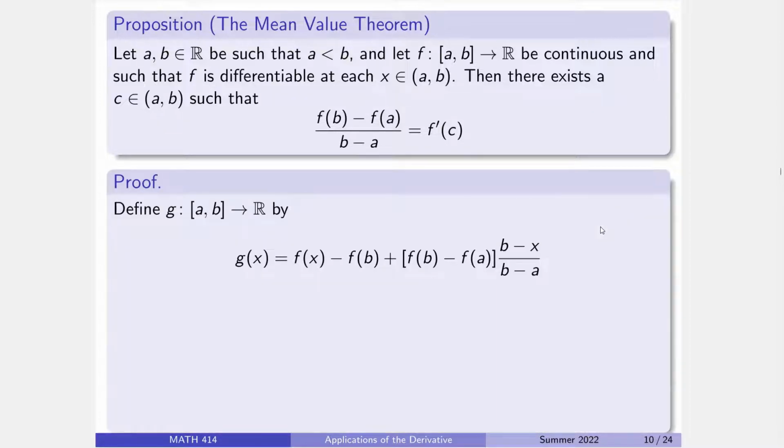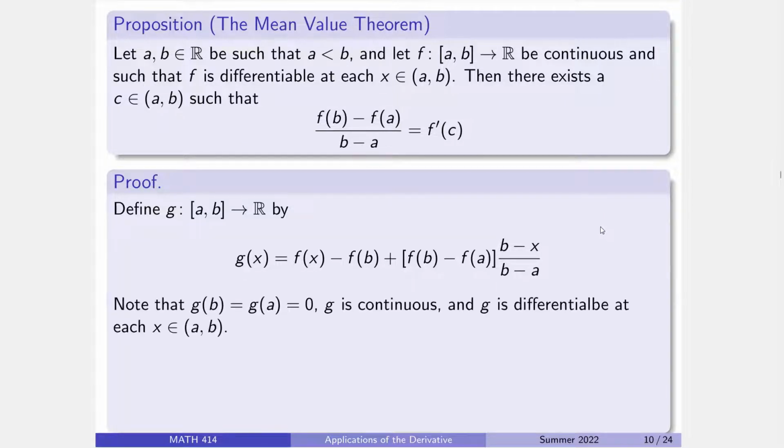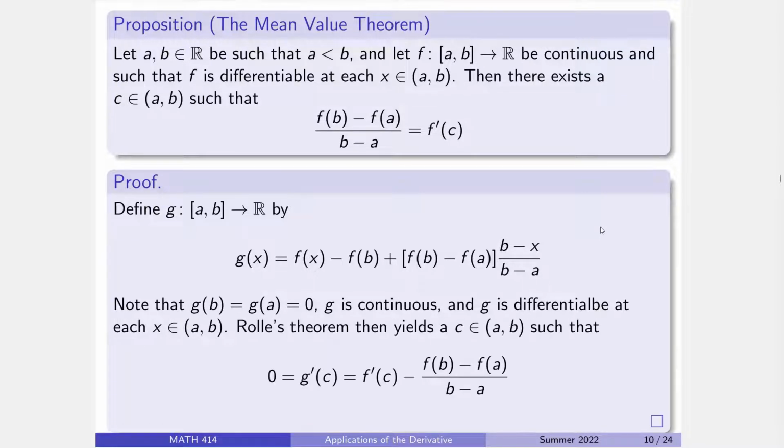Anyway, the modern proof of the mean value theorem is the following. You set up this function, and then you note this function is equal to 0 at a and 0 at b. It's continuous and differentiable everywhere in between, so by Rolle's theorem, the derivative is equal to 0 somewhere. Look at the derivative of this thing.